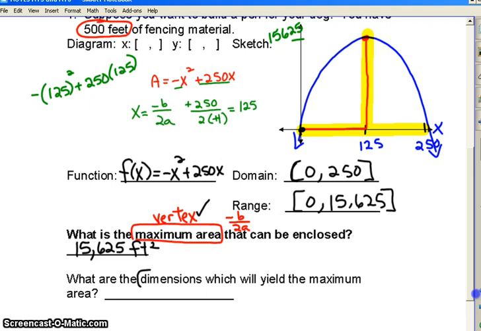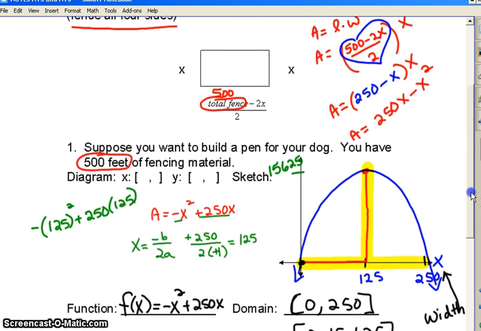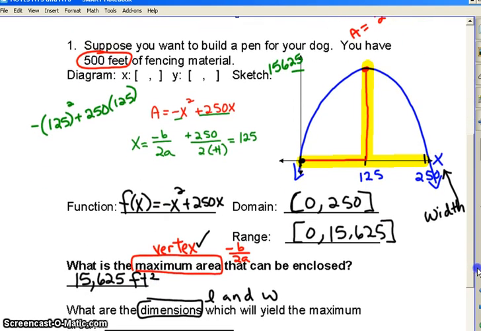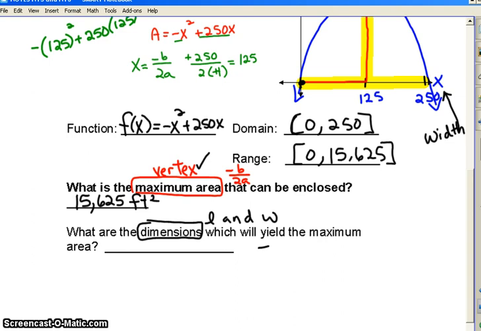And the next question, what are the dimensions? The dimensions are the length and the width. Looking at the graph, x is measuring the width. And if you look back at our description of the length, it says 500 total feet of fencing minus 2 times x divided by 2. That's going to tell us how long the rectangle is. So 500 minus 2 times 125 divided by 2.